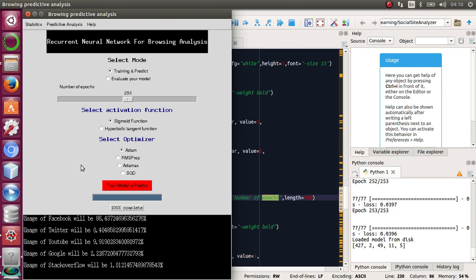All right, so let's try to do the same thing with a smaller number of epochs, and let's try with some other optimizer, SGD, which stands for stochastic gradient descent.